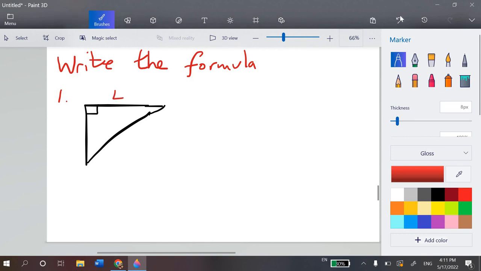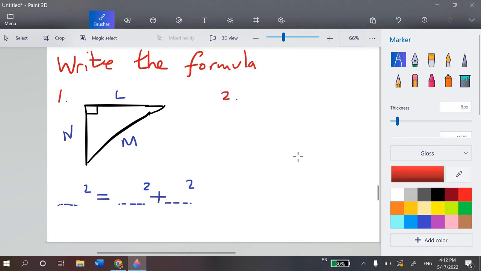Sides L, M, N. So you need to write the formula underneath. Something to the power of 2 is equal to, so just to help you here, we have something to the power of 2 equal to something to the power of 2 plus something to the power of 2.